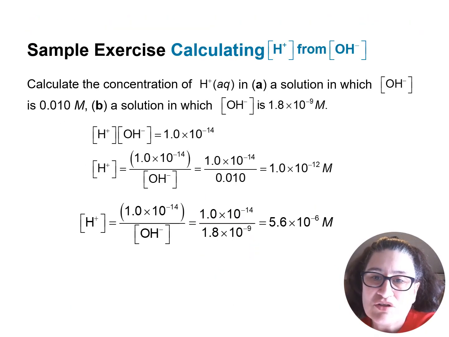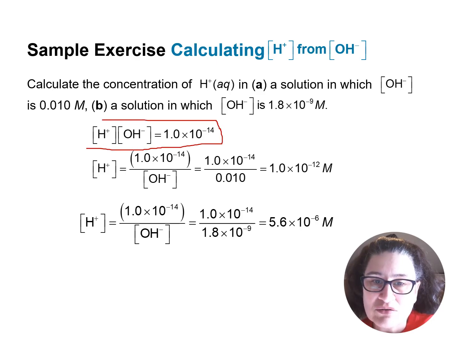All right, so here they tell us that we have a solution in which the OH minus concentration is 0.01, and they want me to find the H plus. So here is that relationship that we're going to use. I know the 1 times 10 to the minus 14th, and if I divide by my OH minus, that's going to give me my H plus concentration.